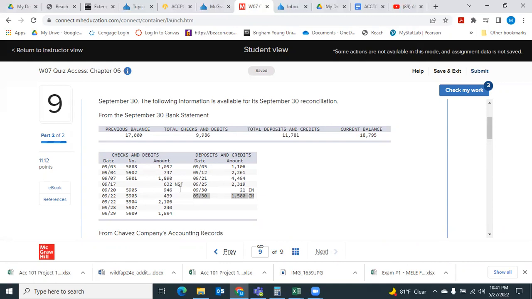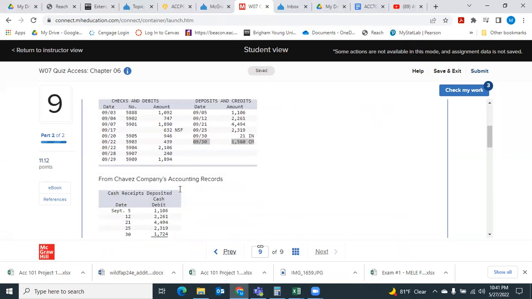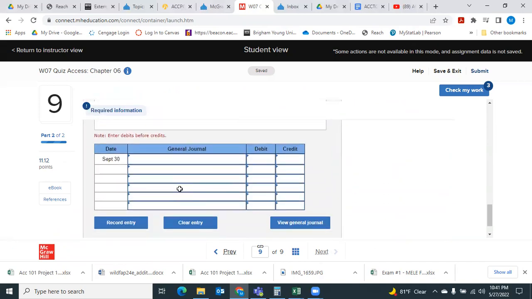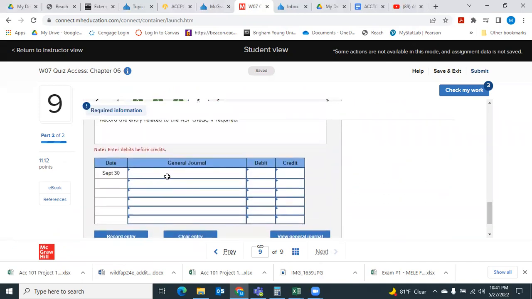So when this person paid us, we would have debited cash and probably credited accounts receivable if they'd owed us the money from before, or credited the revenue account at that time. So now that we find out that they didn't really pay us, what we have to do is debit accounts receivable, because now they owe us again.